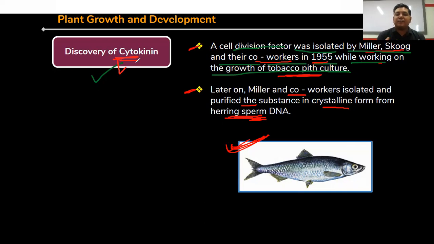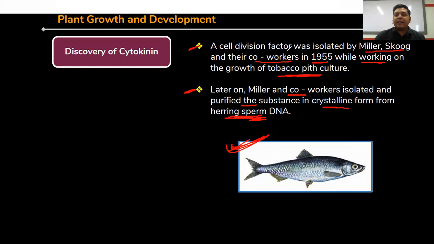Cytokinesis means the division of cytoplasm, from where the name cytokinin comes, which is extremely related to cell division. Clear? So later on, Miller and co-workers isolated and purified the substance in crystalline form from herring sperm DNA. Herring is a fish, right? From this fish DNA, this chemical was discovered.